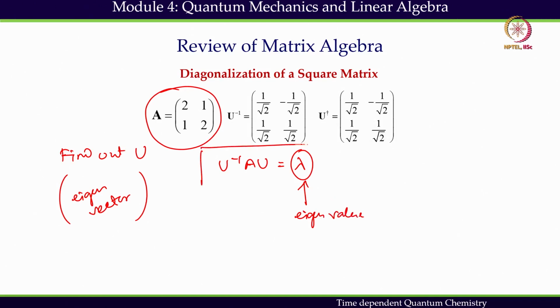This is a matrix equation, which means that each one is actually representing a matrix. This is a unitary matrix, this is the matrix which I have, and this is another unitary matrix, and this is the matrix which is containing the eigenvalue information.